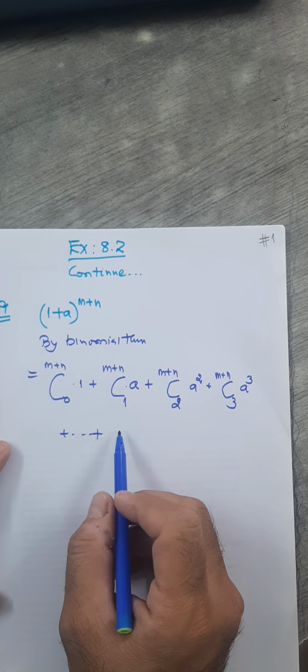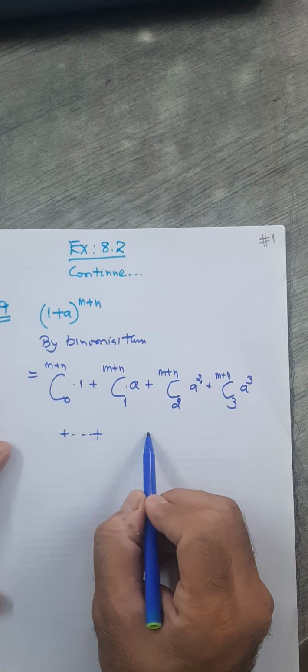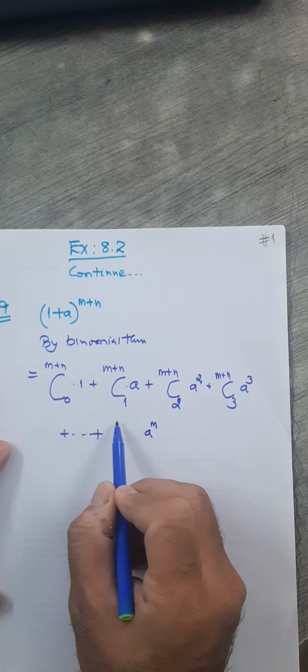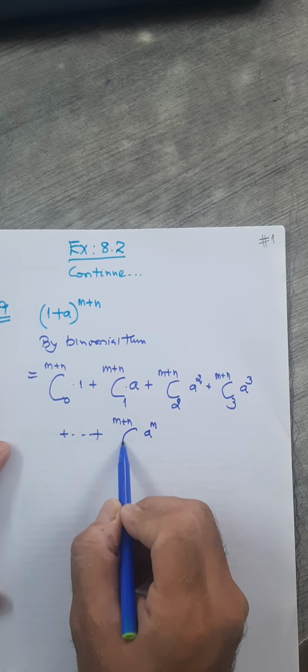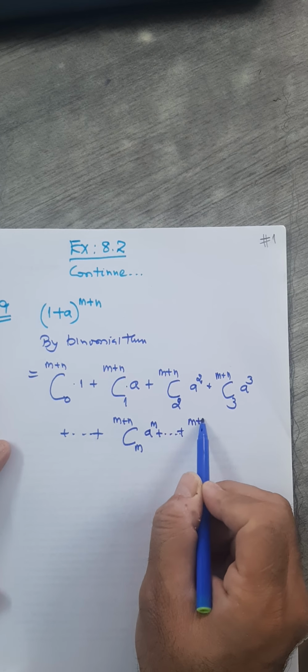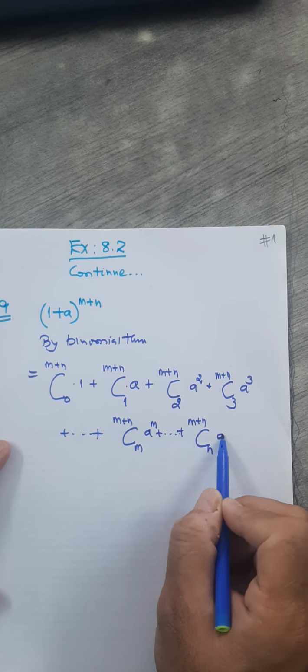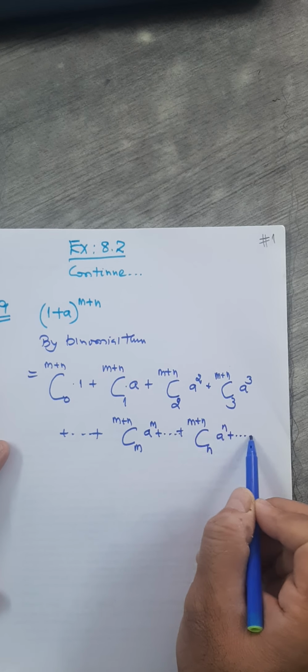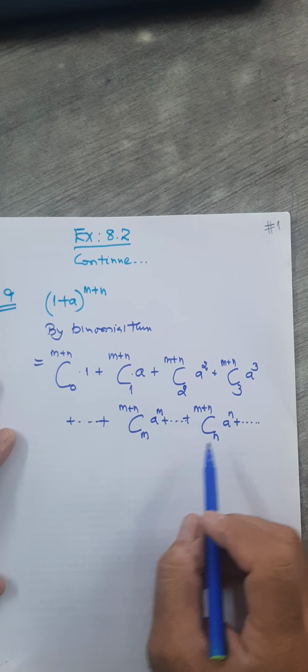I want the coefficient of a^m. So if I have a^m here, then it must be (m+n)Cm here. If I continue, if I write (m+n)Cn here, then it must be a^n, and so on till the last term.